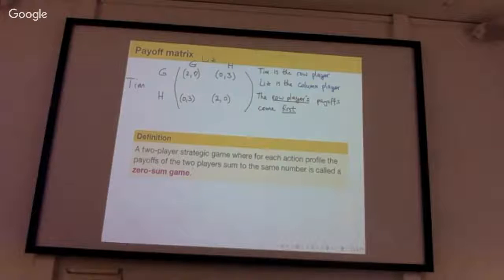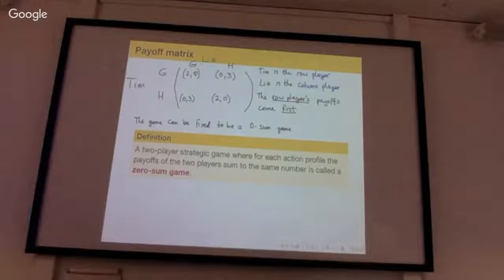But I can fix it. So the game can be fixed to be a zero-sum game, because as I said before, there is nothing special about picking 2 and 0 and picking 3 and 0.